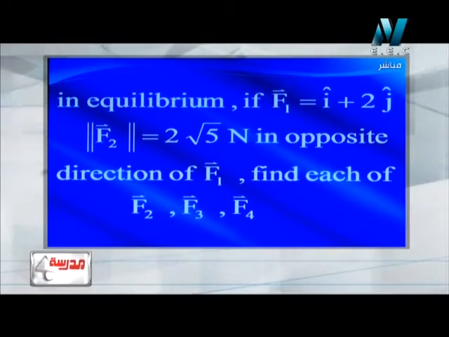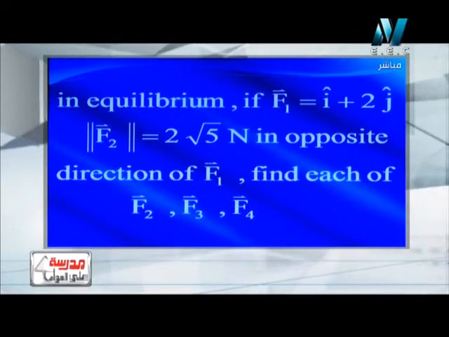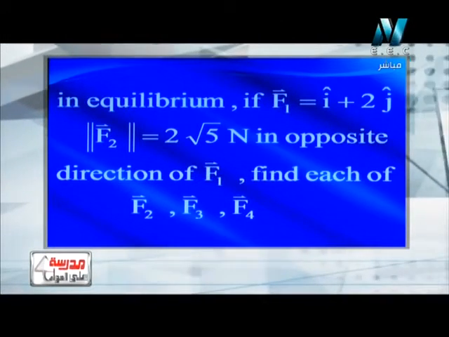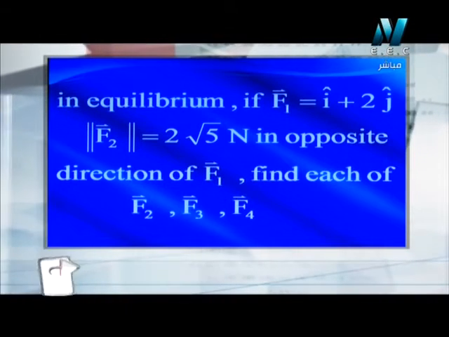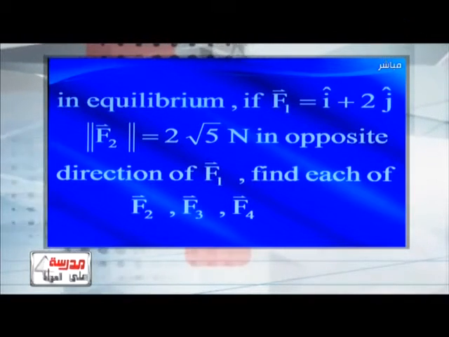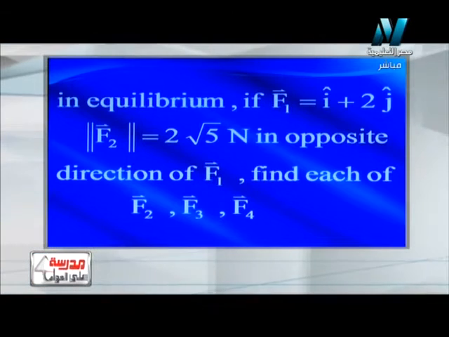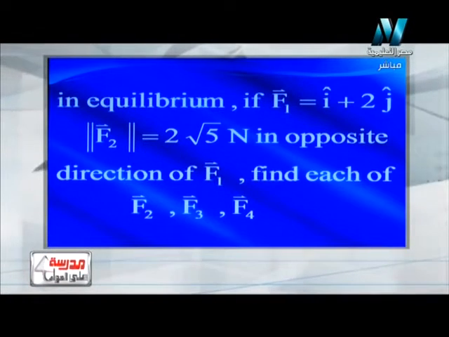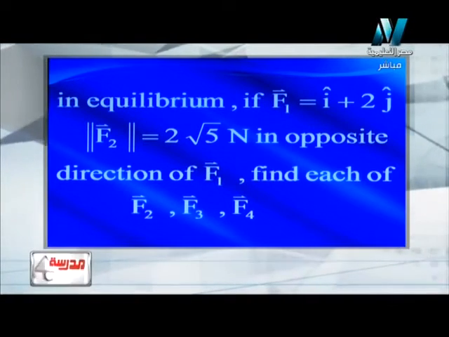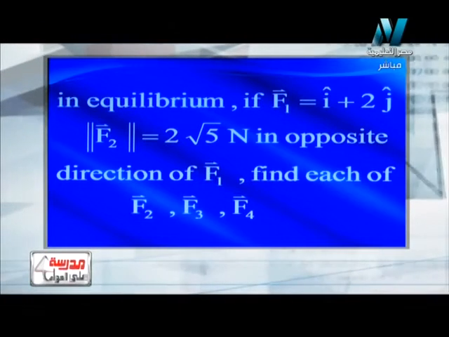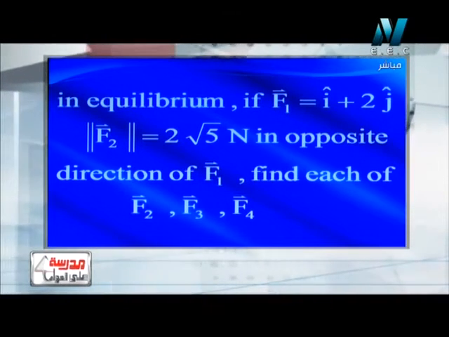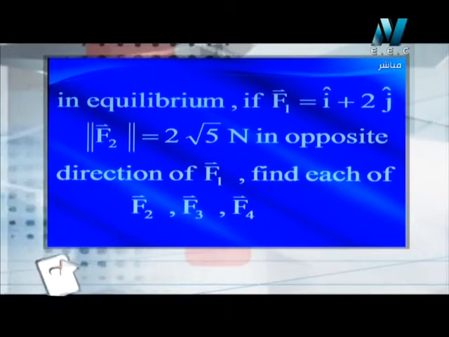So تيجي بقى نقرا if F1 vector equals unit vector I plus 2 unit vector J, and we have the norm of F2 vector equals 2 root 5 Newton in opposite direction of F1 vector.